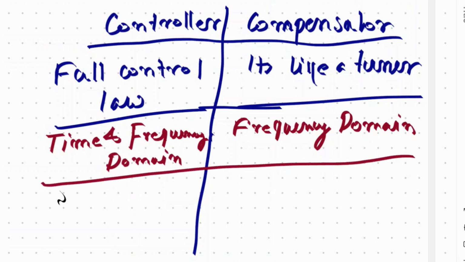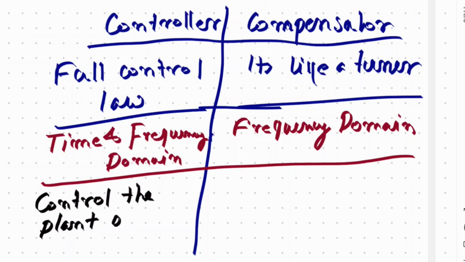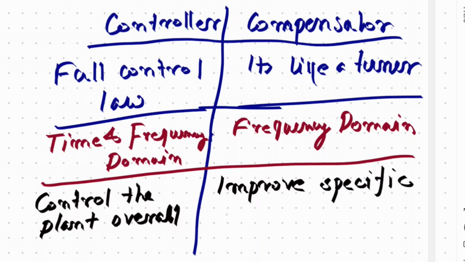The purpose of the controller is to control the plant overall, and the purpose of the compensator is to improve specific performance.